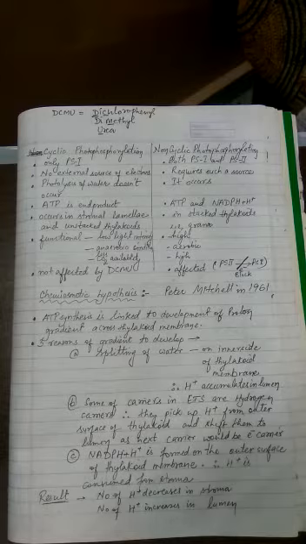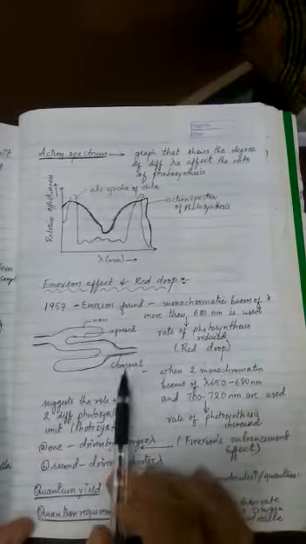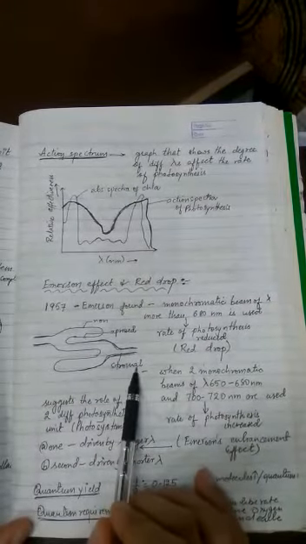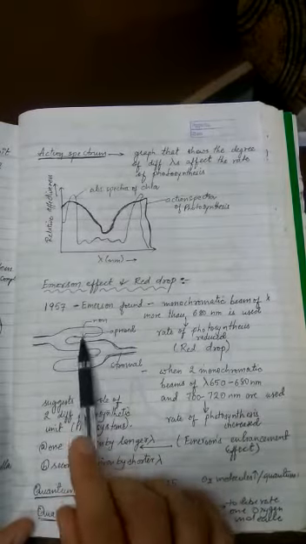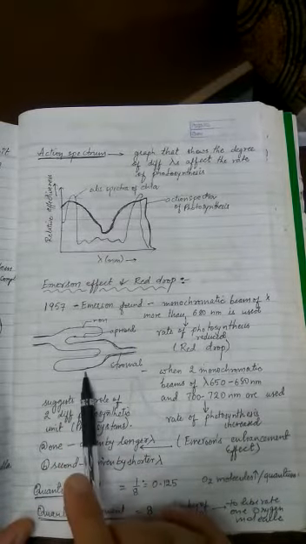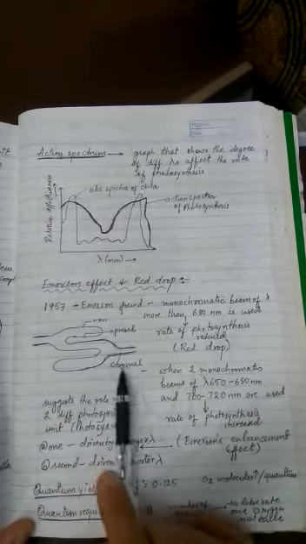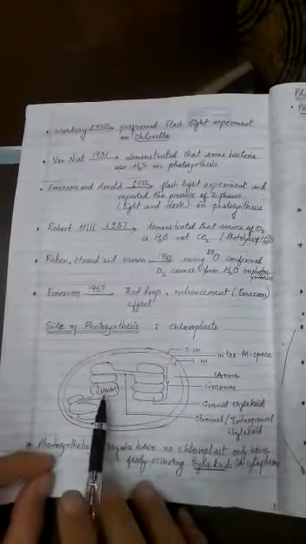So grana is the site of non-cyclic photophosphorylation, and stromal lamellae is the site of the cyclic photophosphorylation. This is stromal lamellae, these are granal lamellae. So granal lamellae are the site of the non-cyclic, and stromal is the site of the cyclic photophosphorylation.